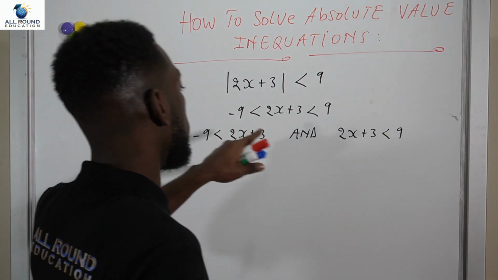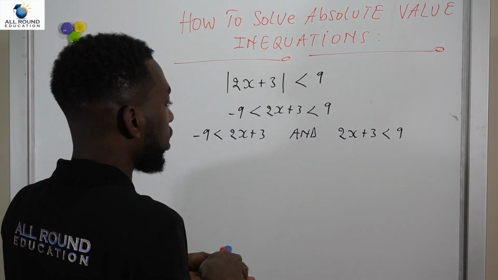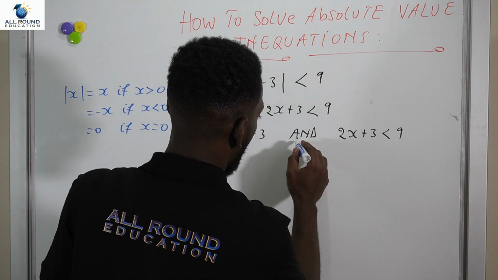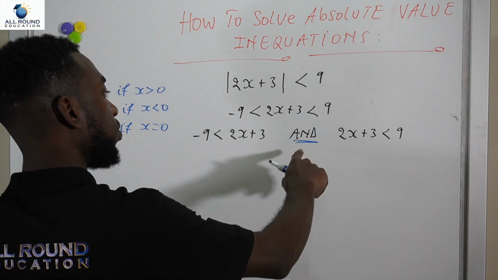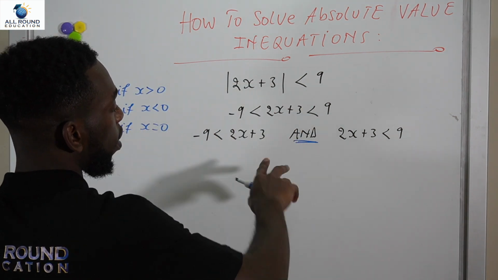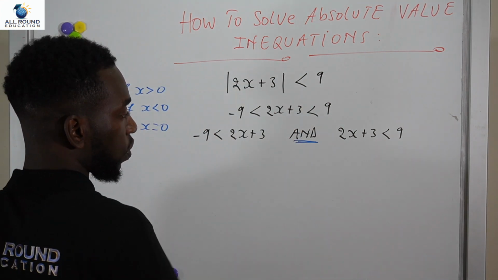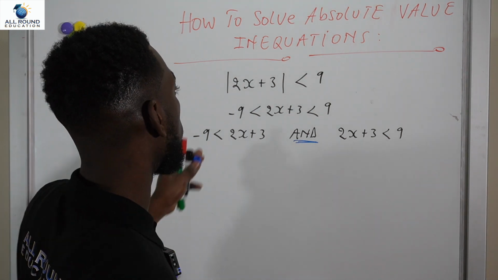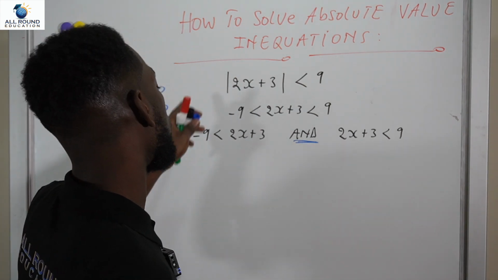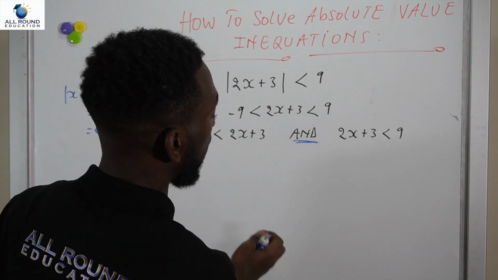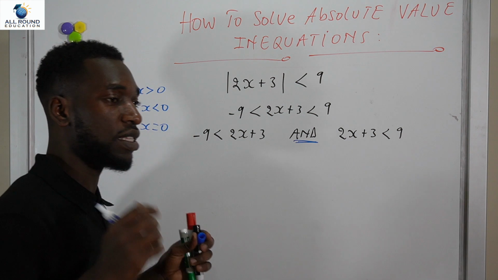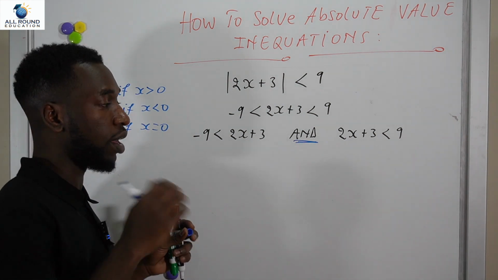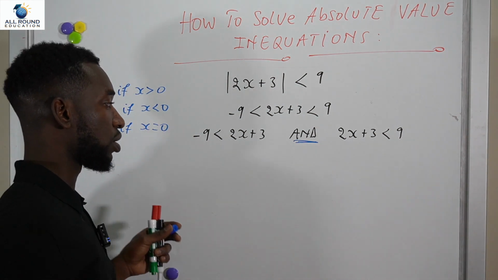Remember, there is a difference between "and" and "or". For an equation we use "or", but for an inequation we use "and", which means we have two intervals of solution. It's not like an equation, where you only have either x equals 5 or x equals something else. That's the main difference between inequations and equations.